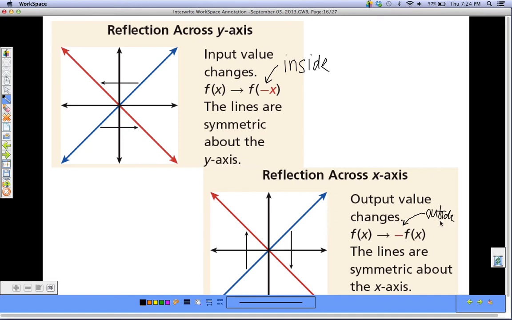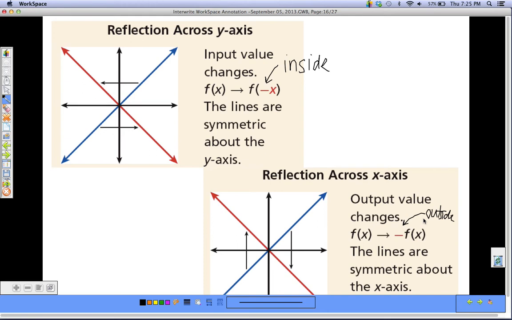The x is easier to see when we talk about parabolas. You're just flipping it upside down. In the y, you're still kind of flipping it, but it's like we're folding that y-axis over. Remember those little butterflies you used to make in kindergarten? You painted one side and you flipped it, and it gave you a mirror image. That's kind of what we're doing with these reflections.